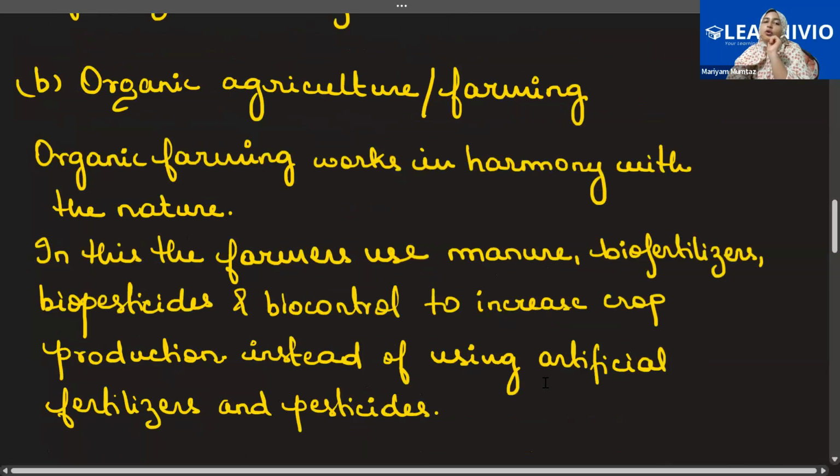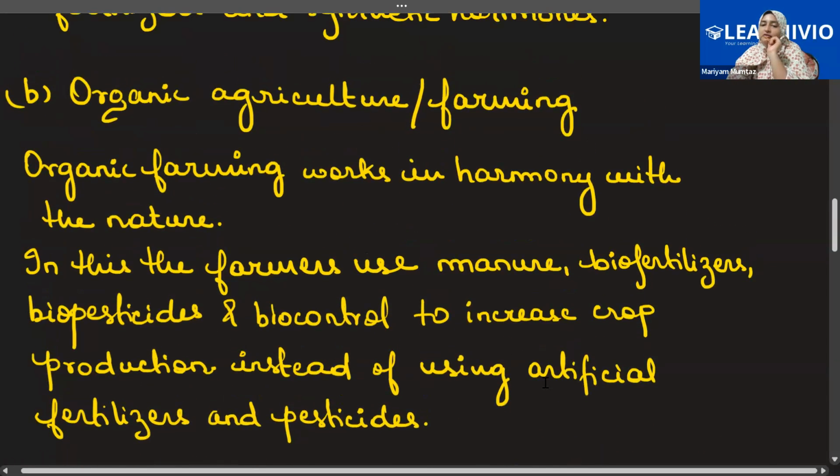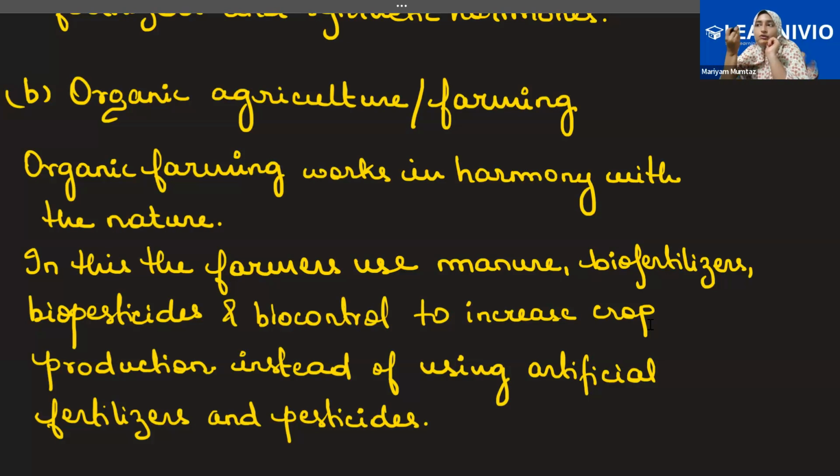After that comes the organic farming. Have you people heard about organic farming before? Like organic food, organic vegetables, they are sold in the market, right? What are organic vegetables? Those are the vegetables that are not grown with the help of fertilizers. They do not have even a single trace of fertilizer or chemical pesticides, insecticides in them.